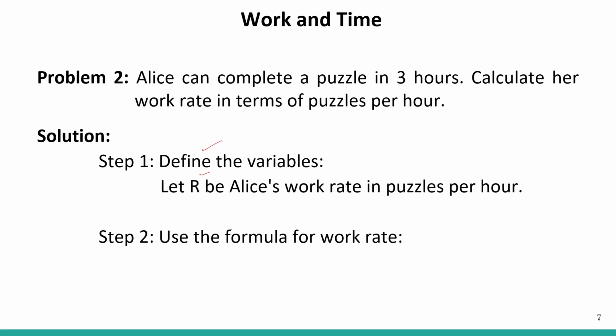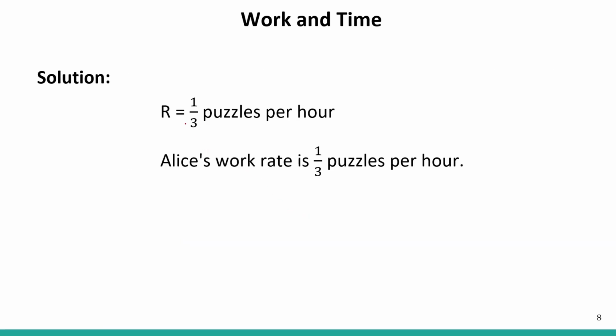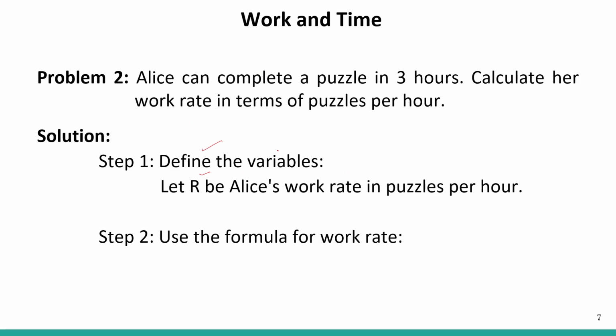Using the formula for work rate, R is equal to 1 by 3 puzzles per hour, that is number of puzzles by number of hours. So if Alice can complete a puzzle in 3 hours, her work rate will be 1 by 3 puzzles per hour.